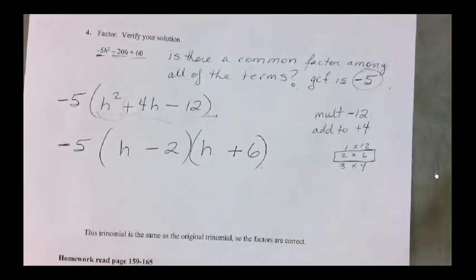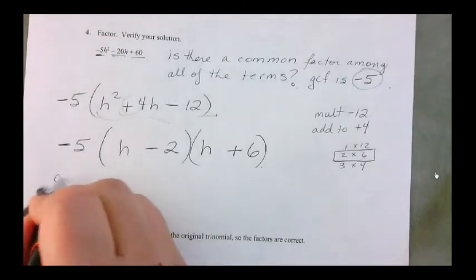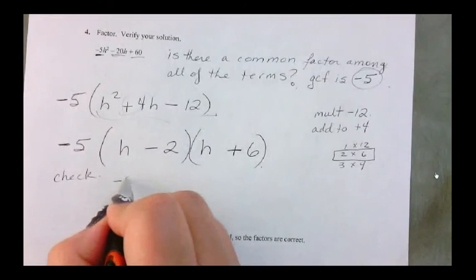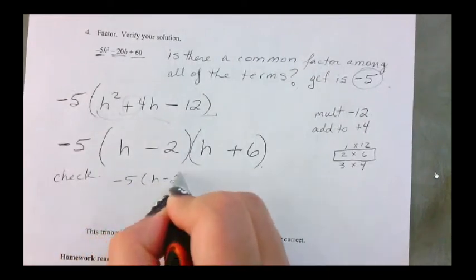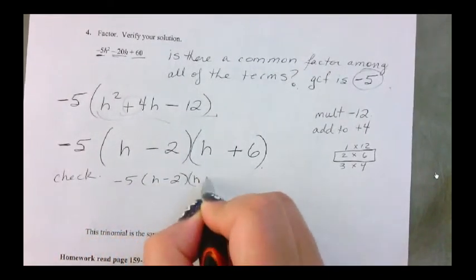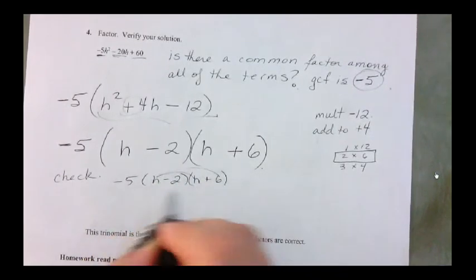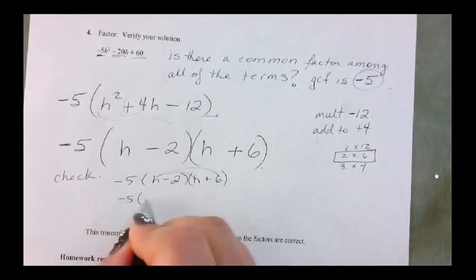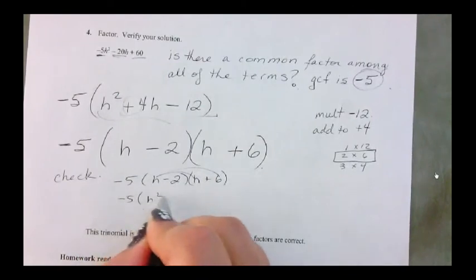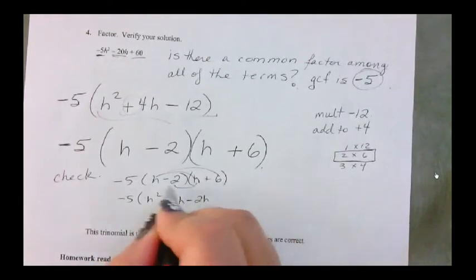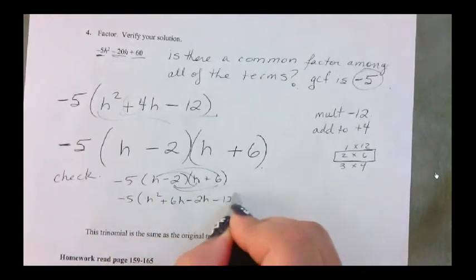So now you can multiply this all through to verify that it is the same as the original. So when you check this, what you could do is multiply the 2 binomials together. So you're going to have your -5 there. So you have your h squared plus 6h minus 2h minus 12.